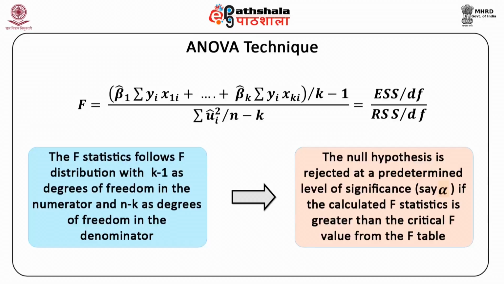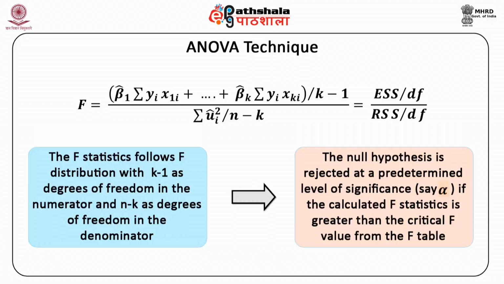So when the null hypothesis is rejected, we say that the multiple regression is an appropriate model. When the F test is significant, it means that the dependent variable and at least one of the explanatory variables has a significant linear relationship.